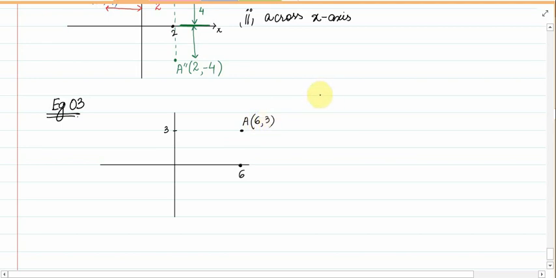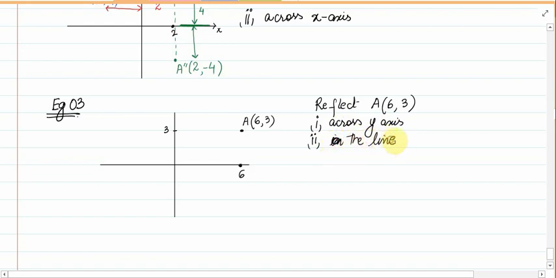The question says: reflect A (6, 3), in some parts, across the y axis, and to the line y is equal to 0.